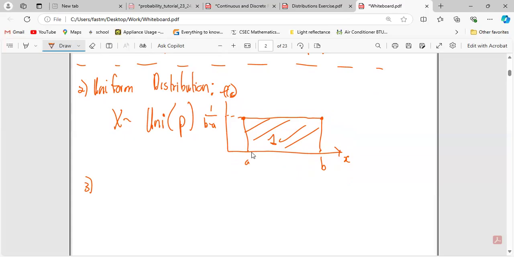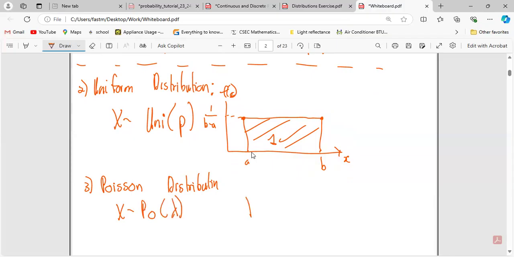And the next popular one, the Poisson distribution. So X follows a Poisson distribution with parameter lambda.